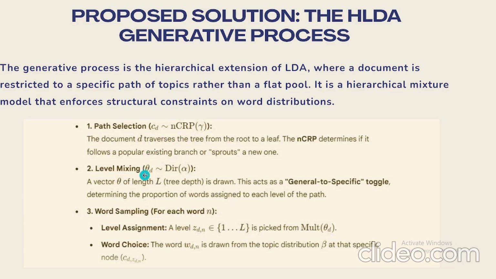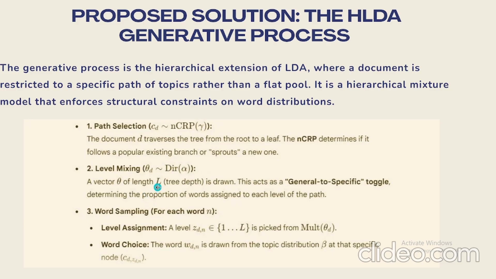The second step in the generative HLDA model is level mixing. We draw a vector theta that determines how many words in the specific document come from the root, and how many words come from the middle or the leaf.